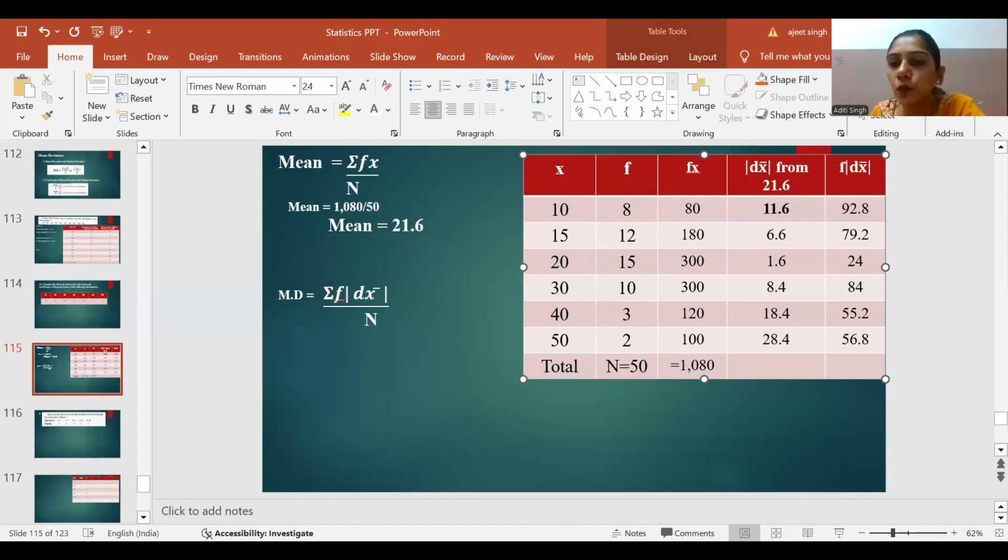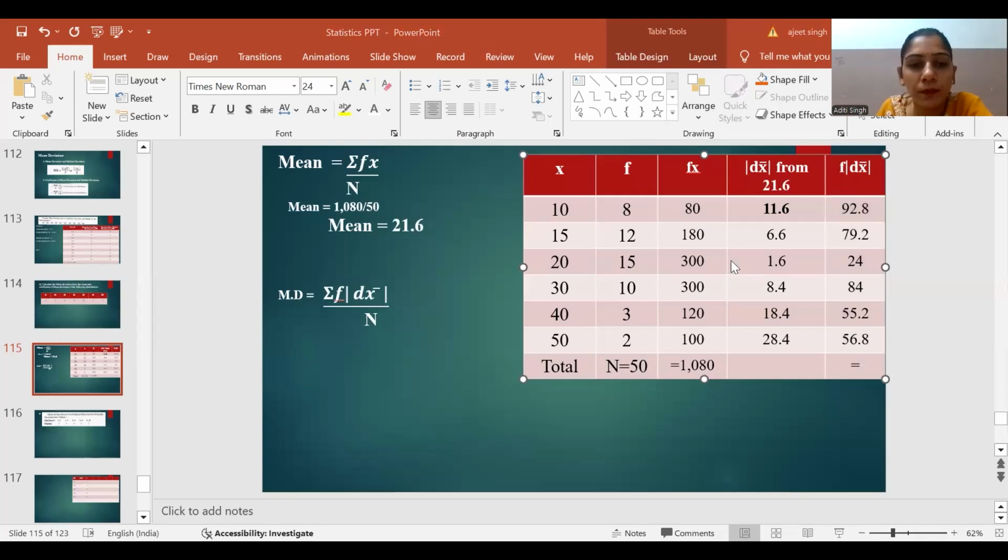This is 56.8. Okay, so this is how we will calculate f dx bar. Now we have to calculate the sum of all these values. We have to do the sum of all these given values.